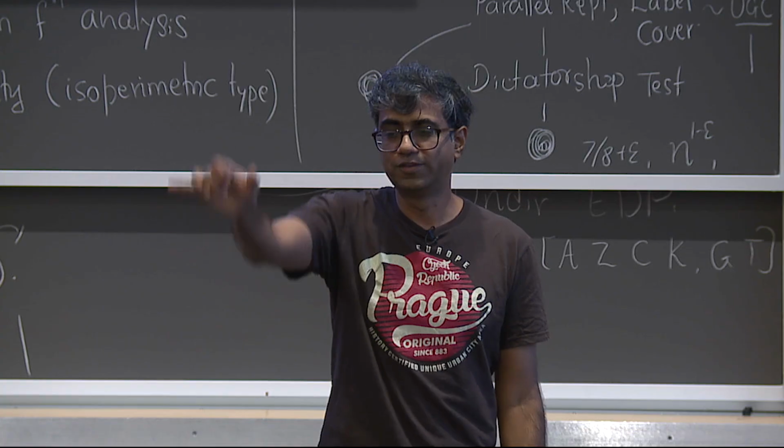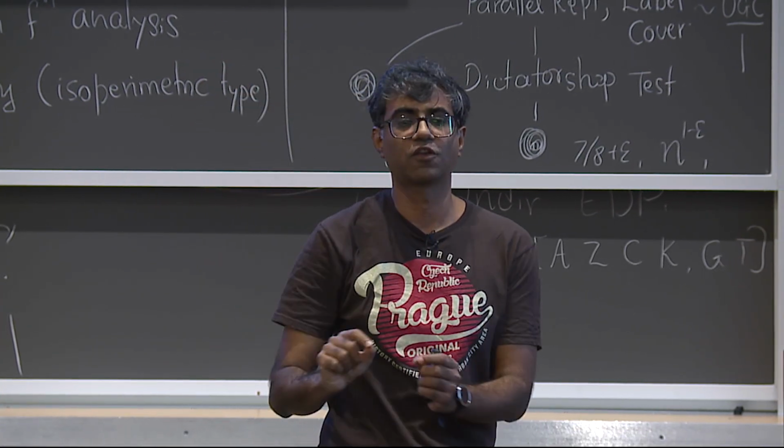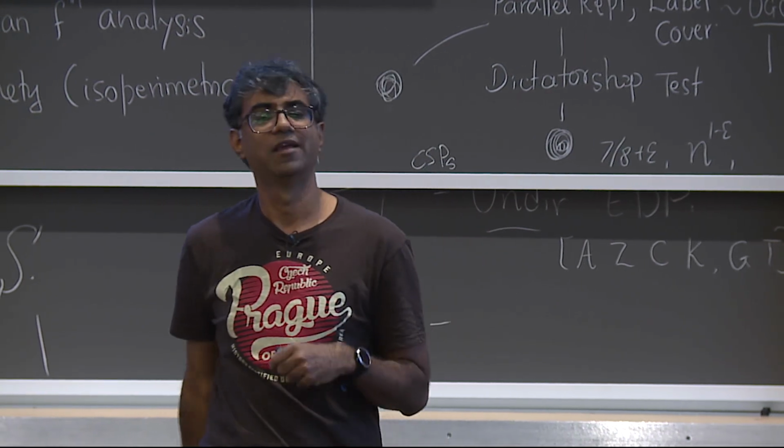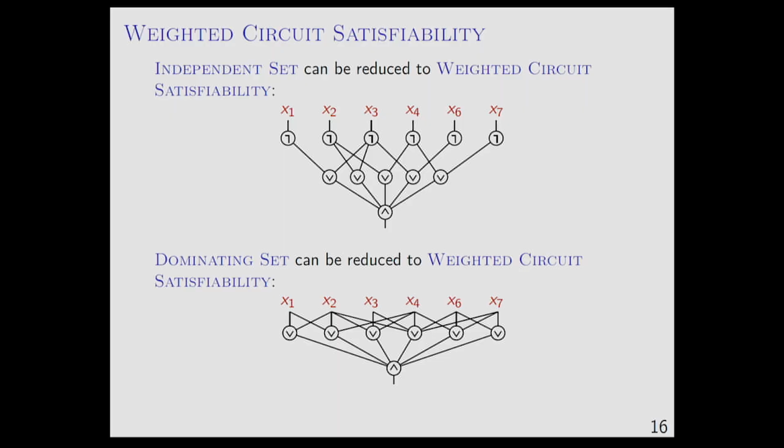So if you set k variables to 1 and they had an edge, then the corresponding OR will never be set to 1, which means this circuit will never be satisfied. Which implies that now I have reduced k-independent set to weighted circuit SAT of this circuit.